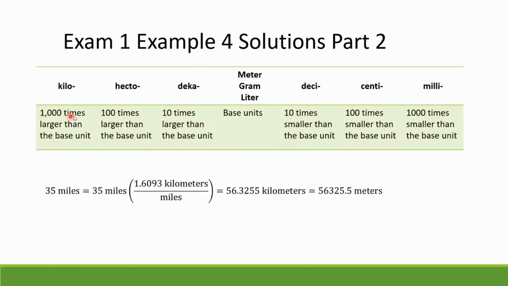Kilometers is over here, kilo, and meters alone is here, basic unit, right? So what do you do? You move the decimal 3 spaces to the right. You want to go from here to here. How do you get there? You go 1, 2, 3 spaces to the right. So we move the decimal 3 spaces to the right.